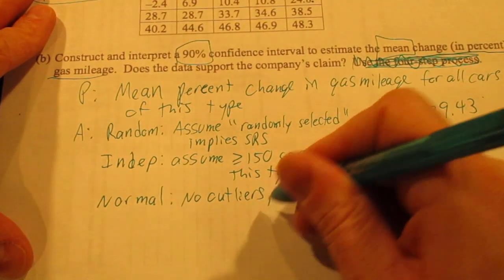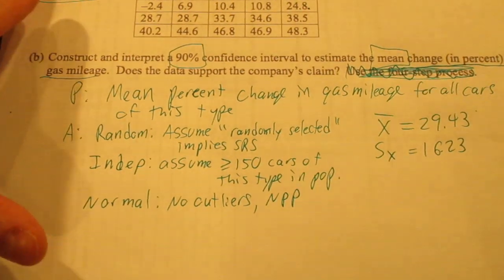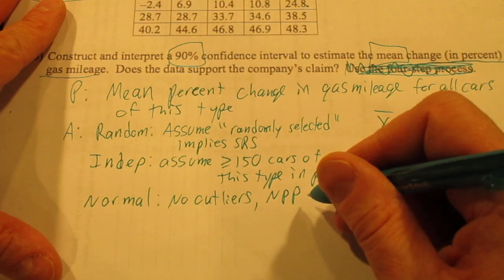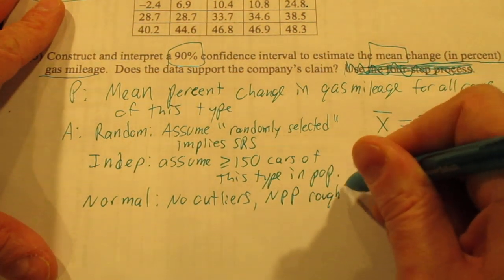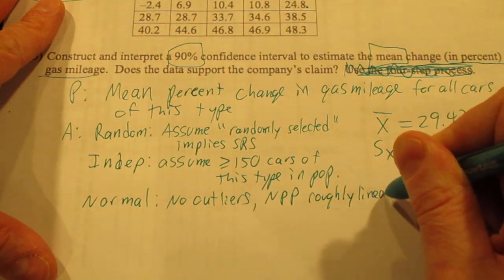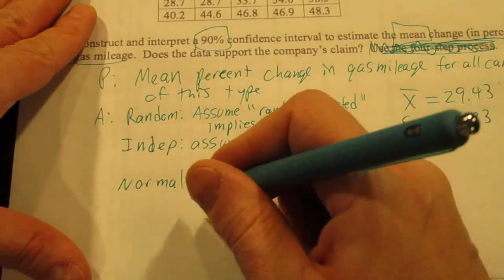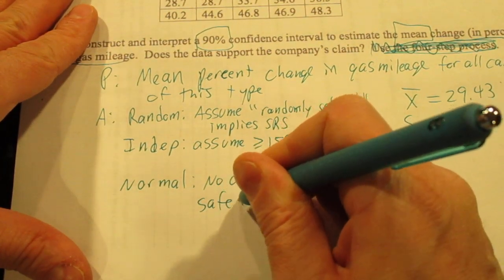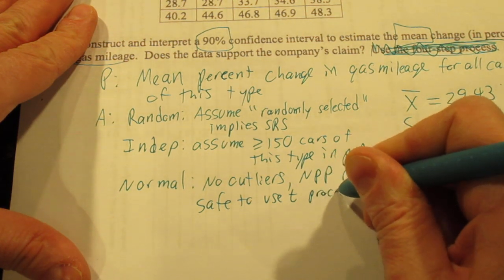We're going to say NPP, stat language, of course. Normal probability plot is roughly linear. And we're going to say it's safe to use T procedures.